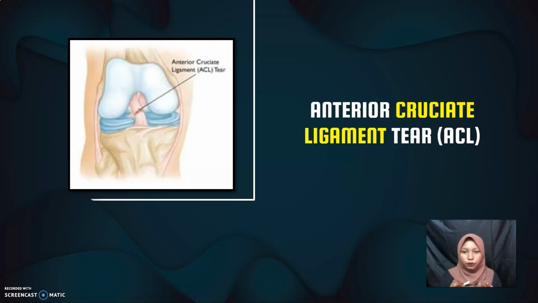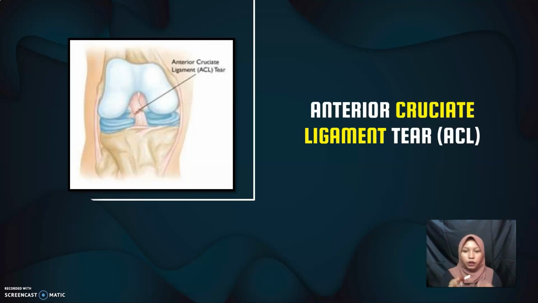Before we go to the ACL, which is the anterior cruciate ligament, we have to know about cruciate ligaments. The cruciate ligaments are found inside the knee joint. They cross each other to form an X, with the ACL in the front and PCL in the back. They control the back and forth motion of the knee.